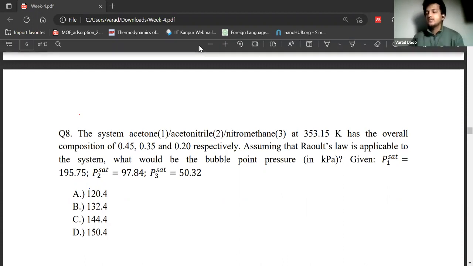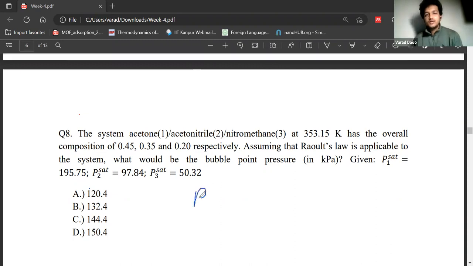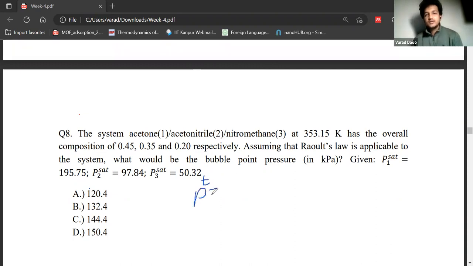Okay, anybody got it? What you basically have to do is, total pressure is nothing but the sum of partial pressures: P1 bar plus P2 bar plus P3 bar.